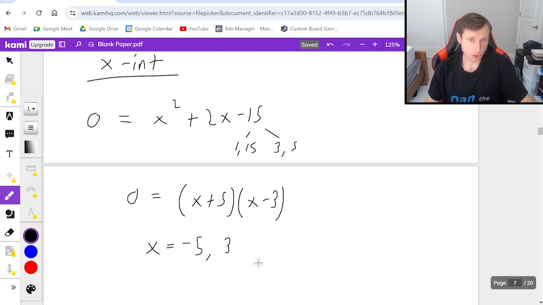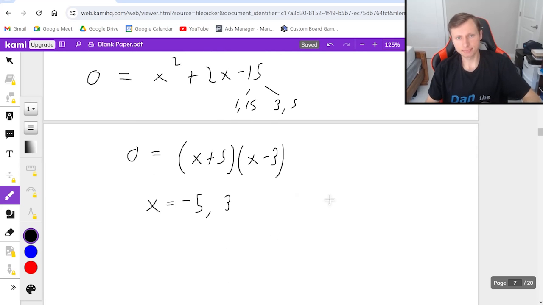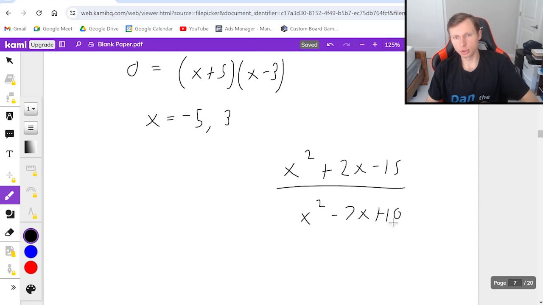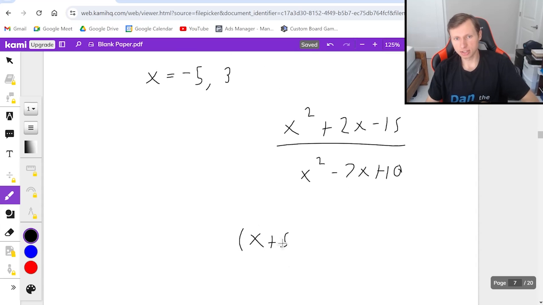But again, I do have to check if there's any holes. And so if I want to check for holes, then I basically have to factor the numerator and the denominator. We already did the numerator, x plus 5 times x minus 3. And if you factor the denominator correctly, well, you have 1 and 10 and 2 and 5. Since it's plus, it means they have the same sign, either both positive or both negative.